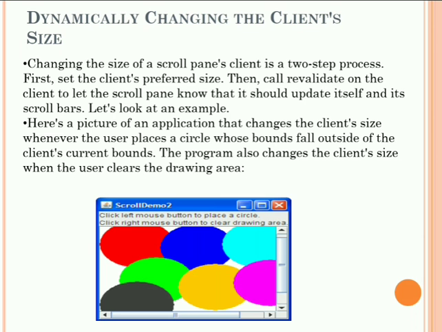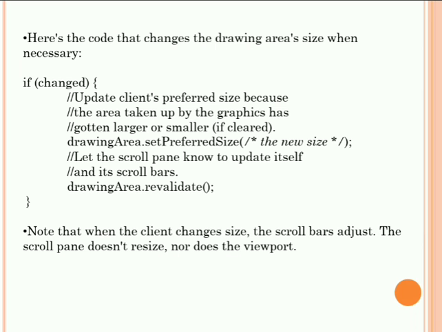Whenever we add one circle to that image, and if the boundaries of that image go outside the boundaries of that window, so we cannot see it, then it will change the size of that particular scroll pane, because it will increase its size. The whole area should be seen by the client. This is how we can change the size of the client in a scroll pane.